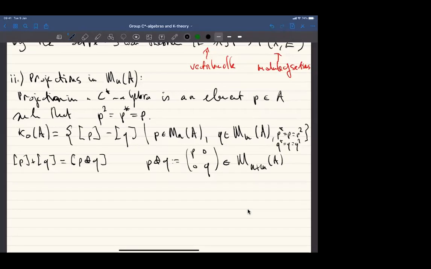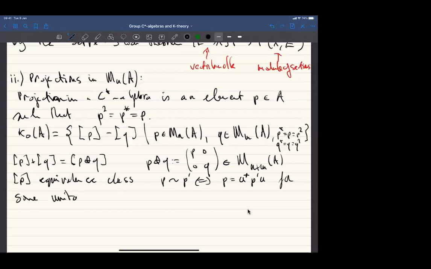And we say this is an equivalence class, and P is equivalent to P prime if and only if P is U star P prime U for some unitary U in some M_k of A, where we also identify P with any version of P that may occur in a bigger matrix algebra in this way, where we add zeros.